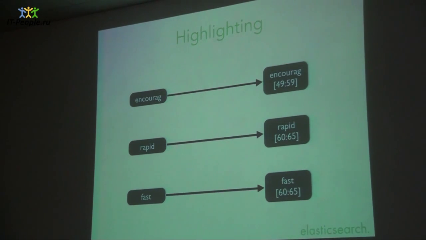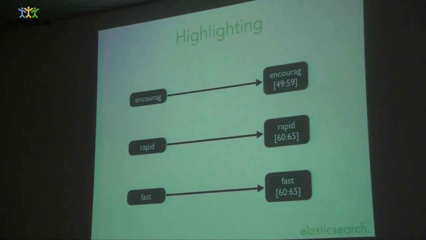So this enables us to say that when I did a match on the encourage and it actually matched, and I want to do the highlight, I'll just take the numbers from the posting list, from the list of documents, and I can do the highlight without computing anything, without analyzing anything. I will insert the start of the highlight at the position 49 and the end of the highlight at the position 59.